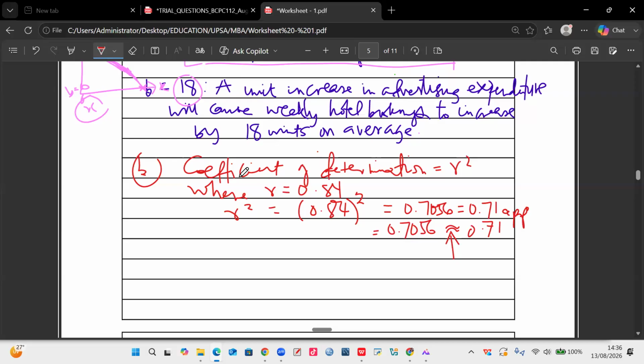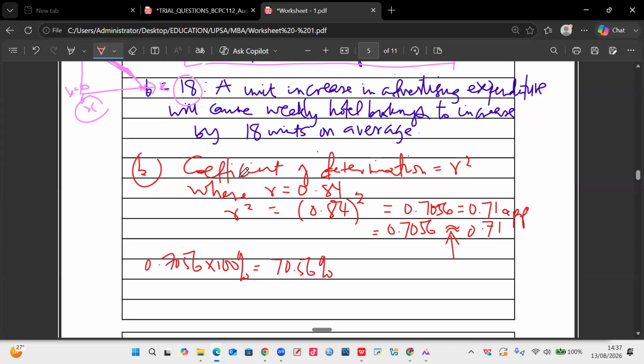I am. Okay. So let's write the interpretation. Maybe it might not be necessary in the exam, but here let's write the interpretation. So 0.7056 times 100% will give us 70.56%. Are you getting it?